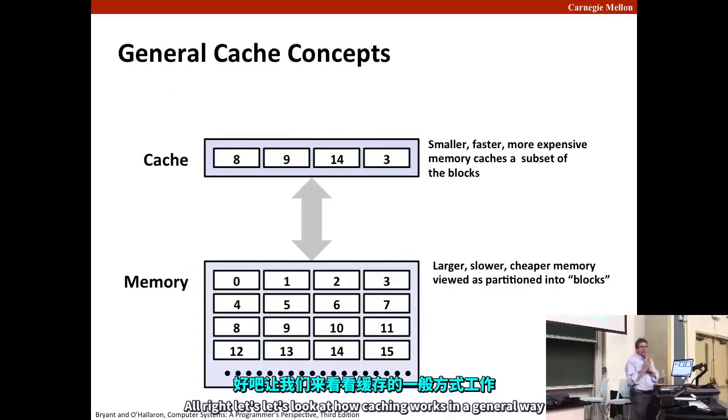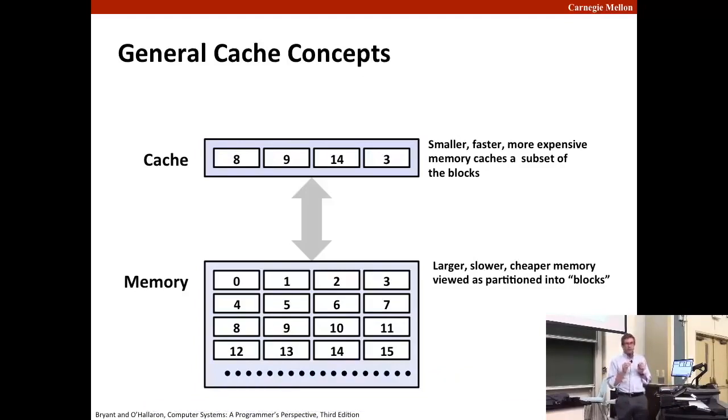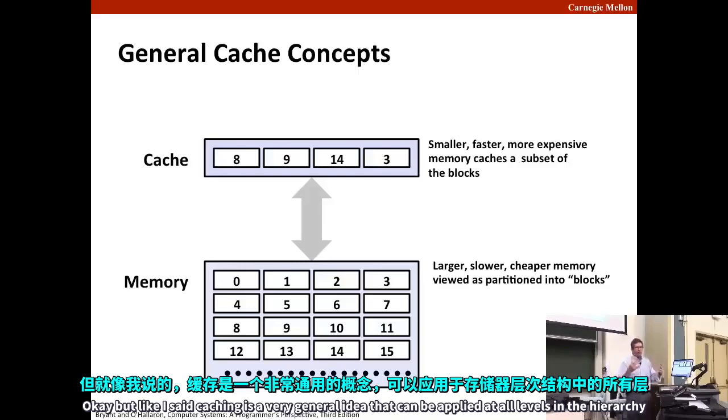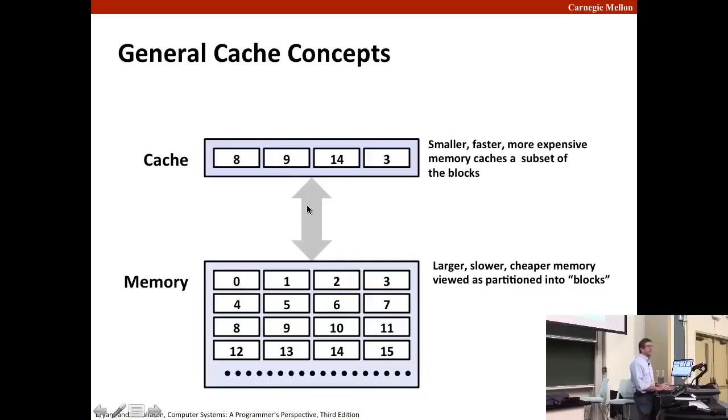All right, let's look at how caching works in a general way, and then we'll see on Thursday how these hardware cache memories work. Like I said, caching is a very general idea that can be applied at all levels in the hierarchy. In most caches, there's some kind of transfer unit to go from one level to the next.